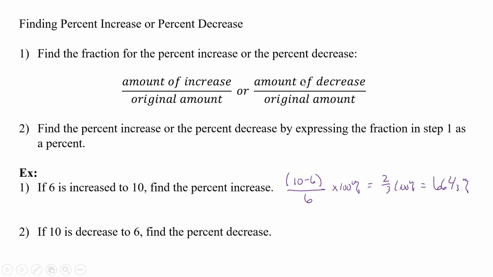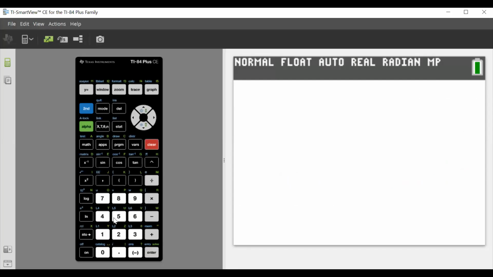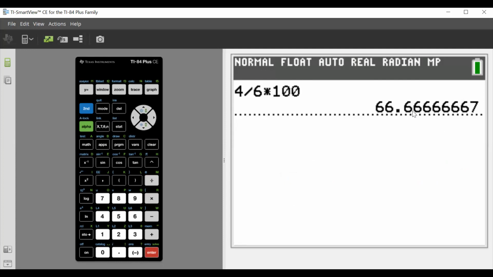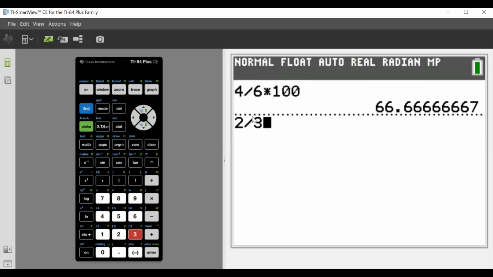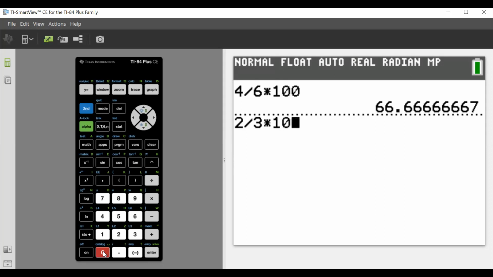Now, how does that work if a calculator works it? Well, we can do it several ways. We can say, okay, we're going to take that 4 divided by 6 times 100, and that gives us 66.6666%. Or we could say, okay, we reduce 4/6 by 2 on each of them, and then multiply that by 100.